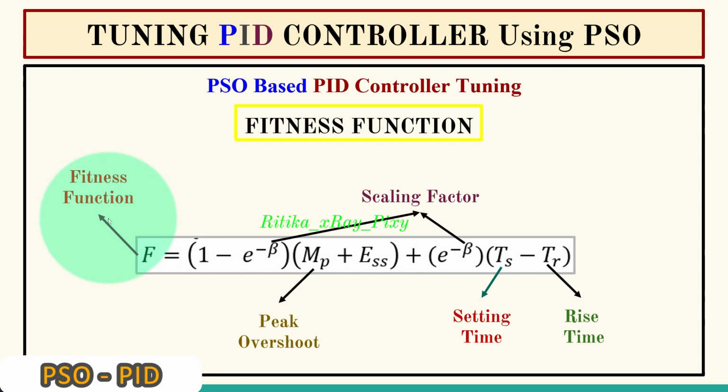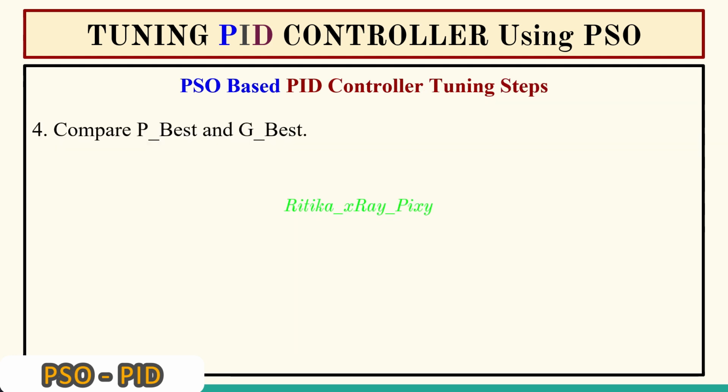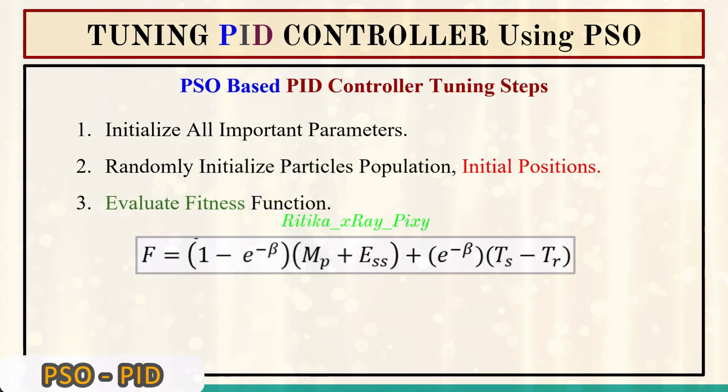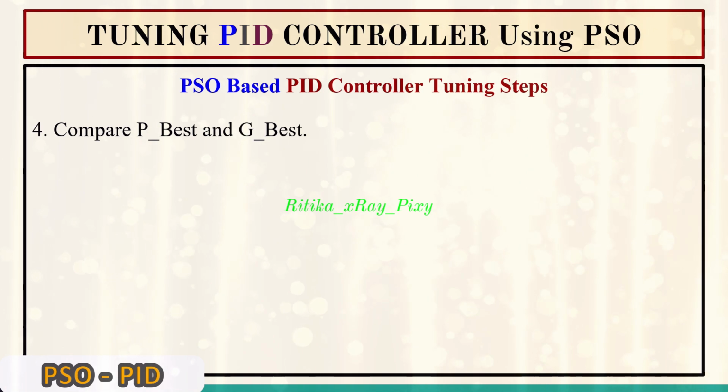Here you can see this is the fitness function, this is the scaling factor, peak overshoot, settling time, rise time. So we use a PID controller to regulate processes like temperature, pressure, speed. So accordingly here we will declare the objective function, then apply this objective function on the current population and find out the fitness value.